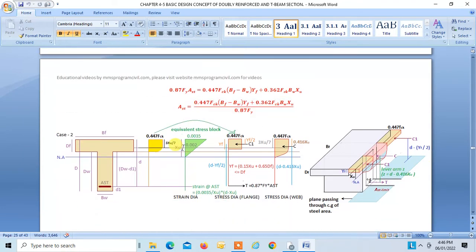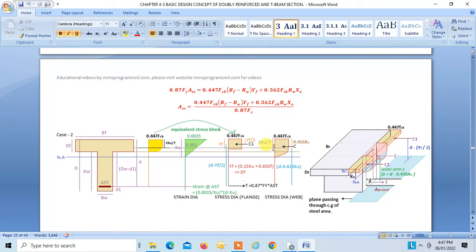Let us see the figure, okay? This is your T-beam. Now we will divide this T-beam in two parts. This is the flange, and this we will take as a rectangular section, right? So we have two stress diagrams, one for this flange and one for the rectangular portion. Fine. So now our case 2: this is our neutral axis, and this is 3 XU by 7.